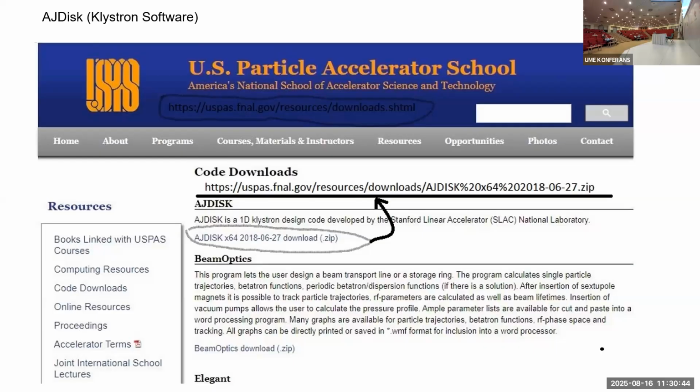Many have been translated into Turkish. And you can find many resources and accelerator terms or anything from here, mostly in AJ Disk.